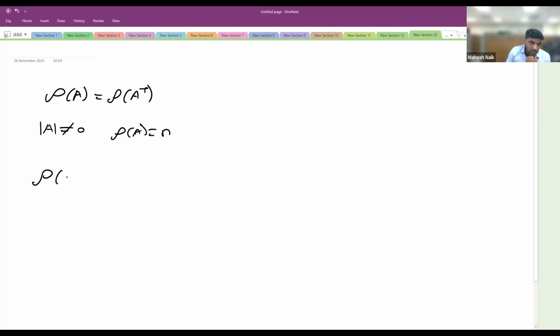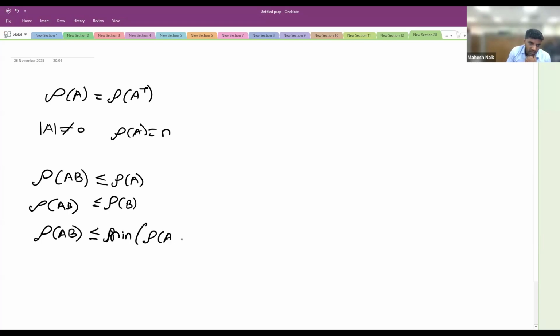The rank of the product of matrices is always less than or equal to the rank of A and also the rank of B. Moreover, rank of AB is less than or equal to the minimum of rank of A and rank of B. Also, rank of AB is equal to rank of A if B is non-singular.